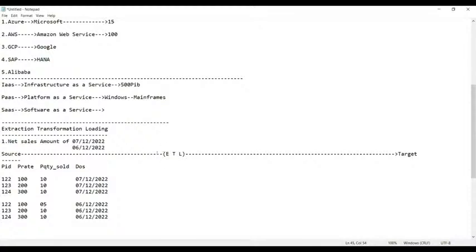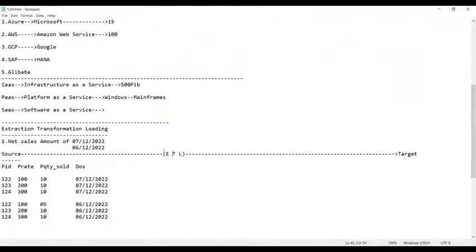Extraction. What do you mean by extraction? Extraction is the process of pulling in the required data.